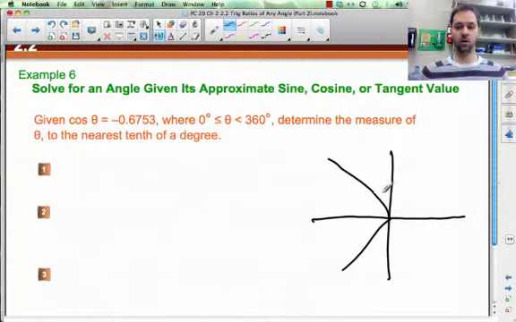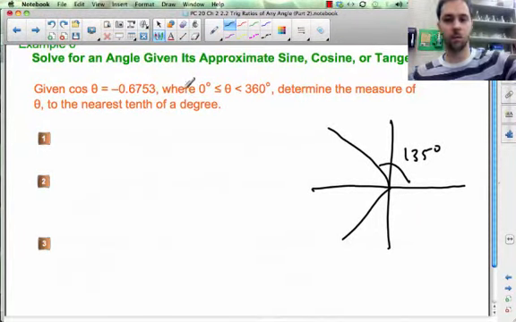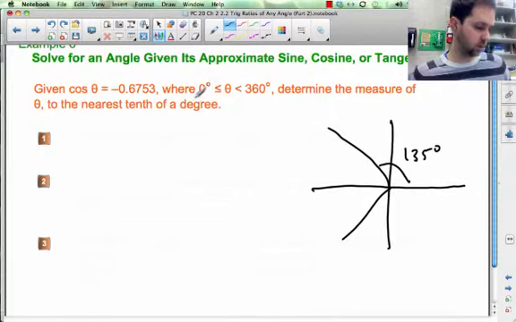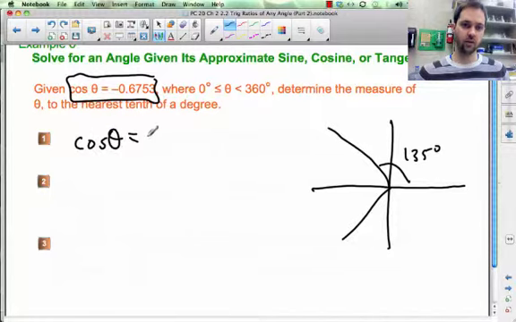So if you wanted to go ahead and cheat, you will find out that this is 135, and that's all you will be told, and then you will only get one of the two possible answers, and you lose half the marks on any question that you do in an assignment. We need to identify all the possibilities that will give us this. So what we do is we want to find a reference angle.